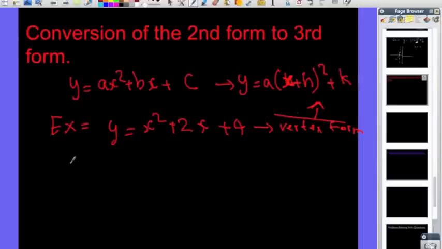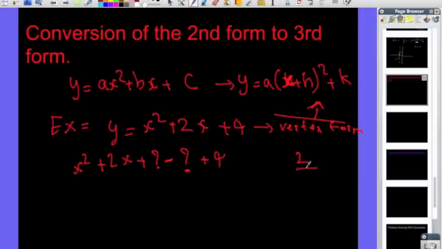So it would be like this: x squared plus 2x plus the question mark c minus the question mark c plus 4.